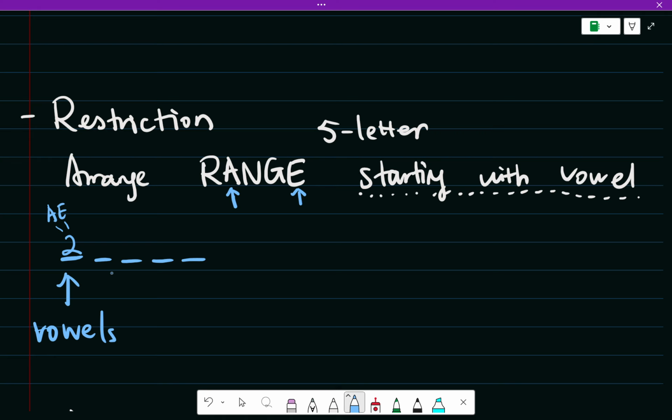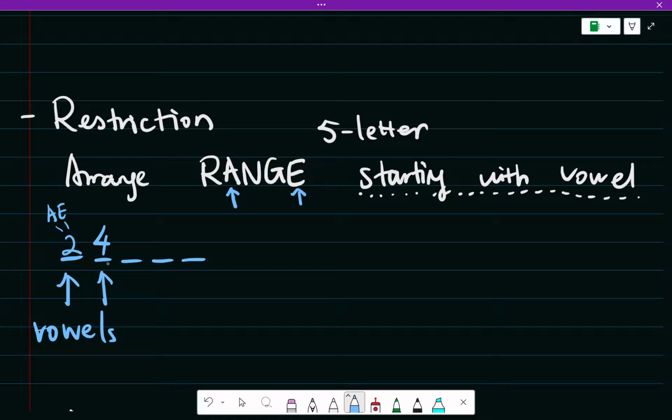And starting from the second position, we can think about it this way. We have 5 letters. From A and E, we choose either one of them. So for example, if we choose A, then we would have R, N, G and E left, and we can choose any one of the 4 to put into the second position. Similarly, if we used up E on the first position, we still have 4 different possibilities for the second position.